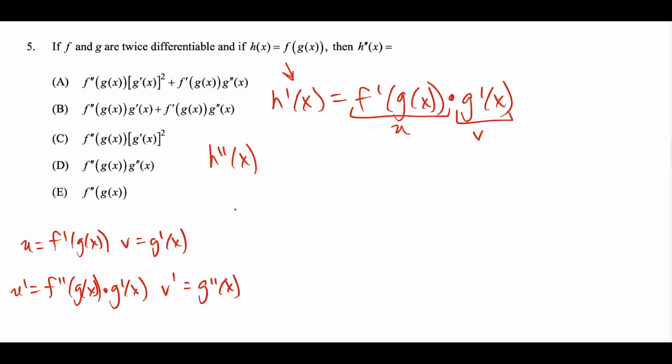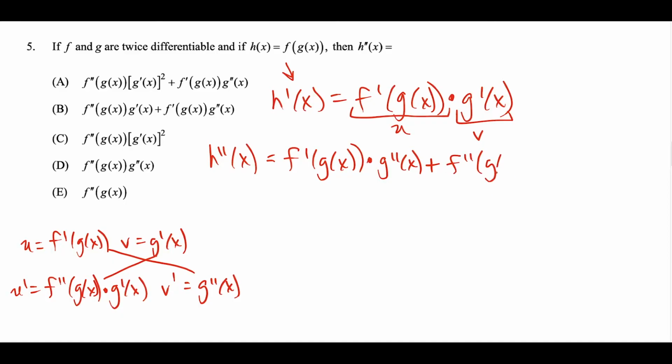So now, if I want to evaluate what is h double prime, I'm just doing u times v prime plus u prime times v. So I have f prime of g of x times g double prime of x plus, and now I have u prime times v. So I have f double prime g of x times g prime, and then times v. V is also g prime here. Well, the last two terms are going to match.